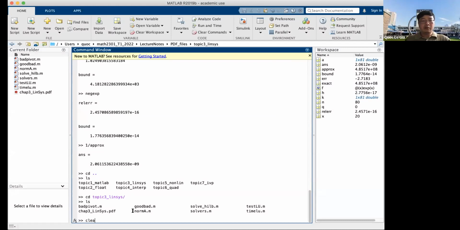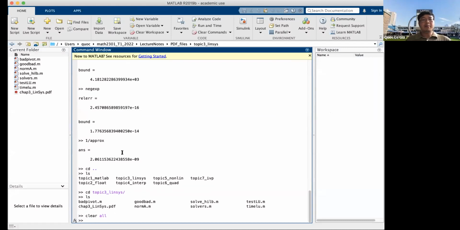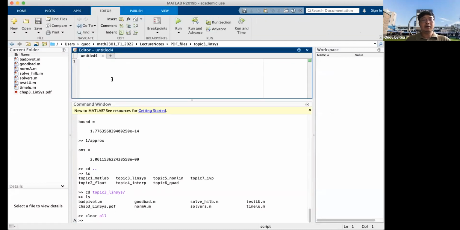Okay, so remember I have two matrices. A is 1, 2, 3, 4. And then I have the matrix B, which is 1, 2, 3, 4 plus 10 to the minus 10.